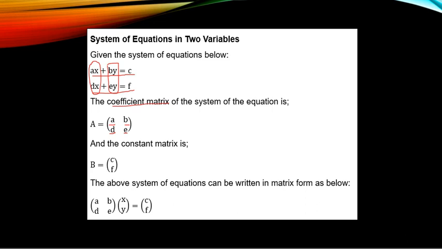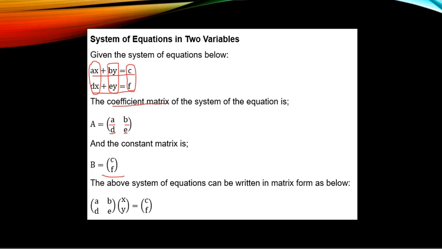So this matrix is referred to as the coefficient matrix, and the constant matrix is B. The constant matrix is simply the right hand side, c and f. They are constants, they are numbers. The above system of equations can be written in matrix form.